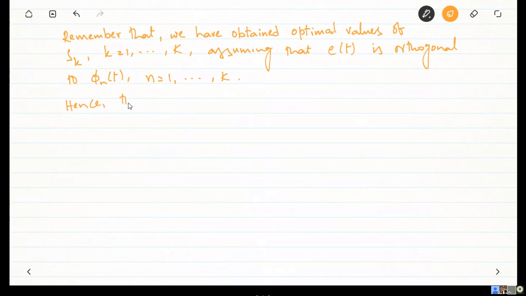Hence, the last two integrals on the right hand side become 0.